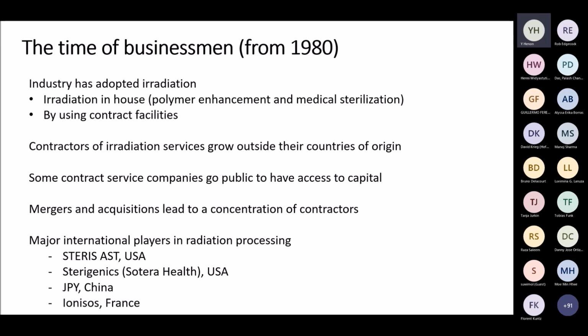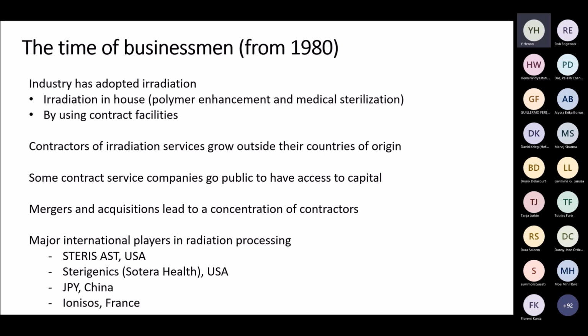This happened in North America, especially. Then we saw an incredible number of mergers and acquisitions around 2000 and up to, let's say, recently, though this has slowed down a bit, which really led to a concentration of contractors.